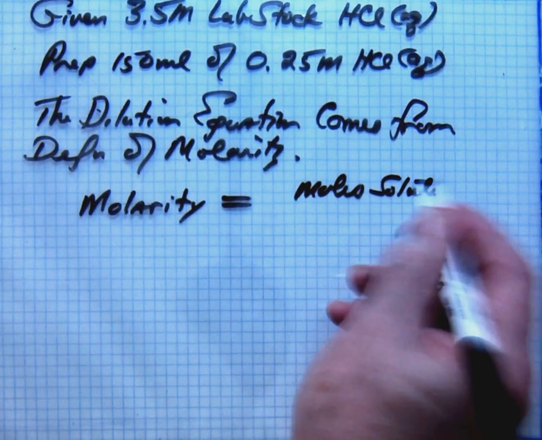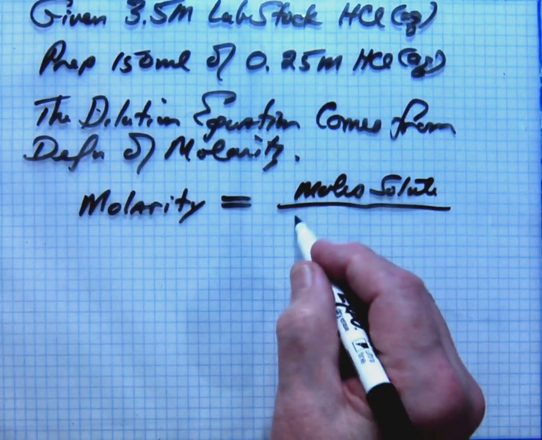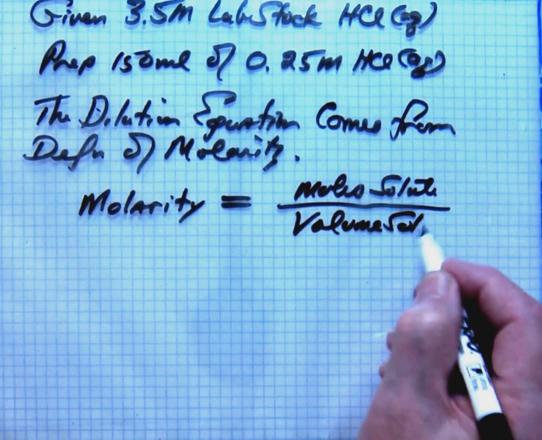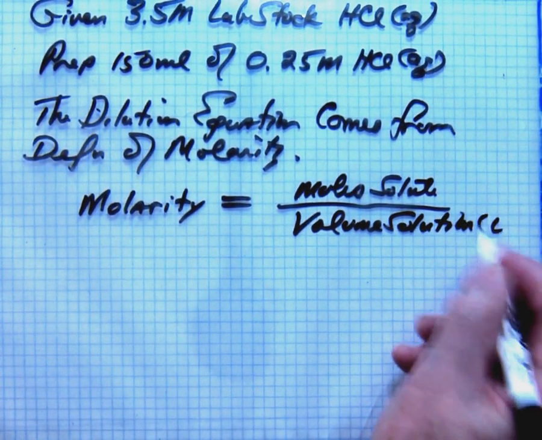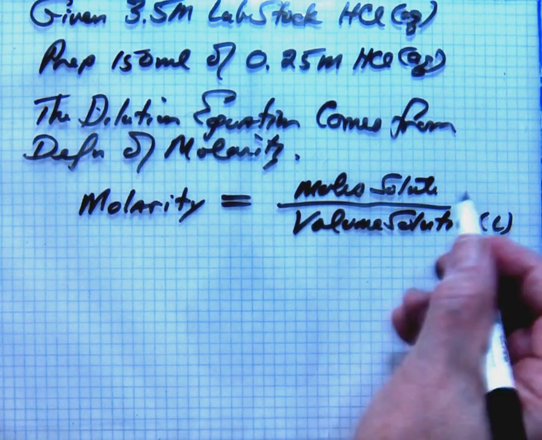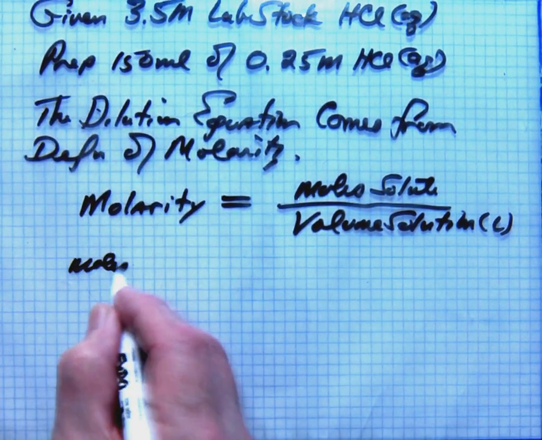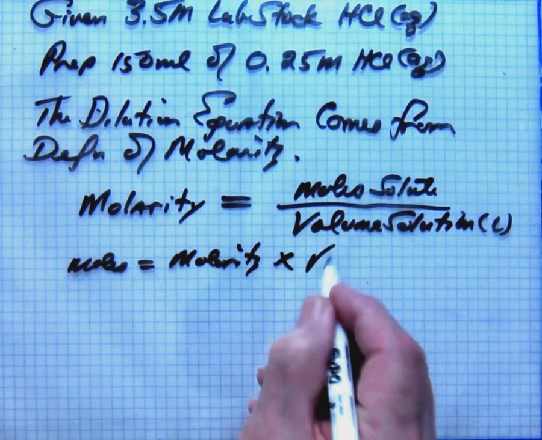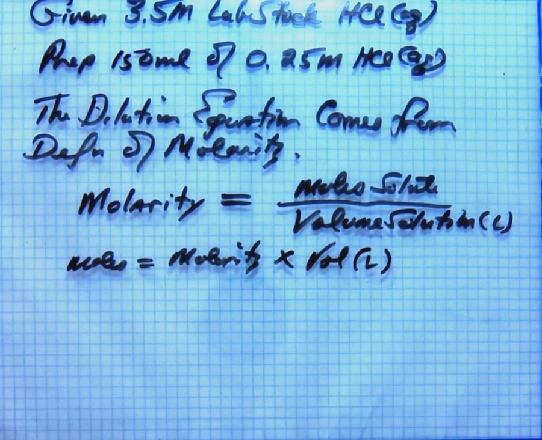Moles of solute divided by volume of solution expressed in liters. That's a simple equation. It's a density equation. Solve that equation for moles. So I multiply both sides by volume. So moles now is equal to molarity times volume expressed in liters. That came right out of the definition of molarity.